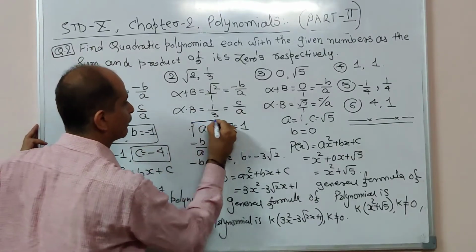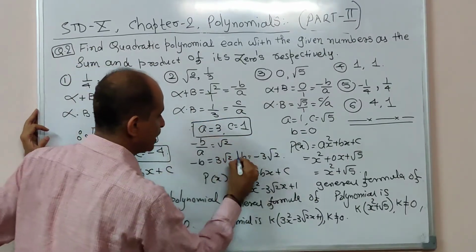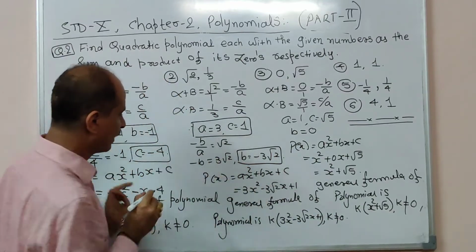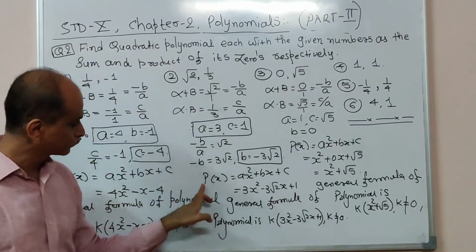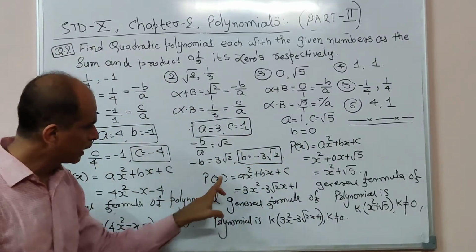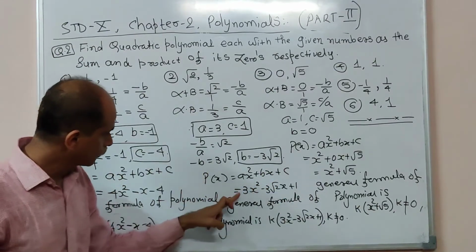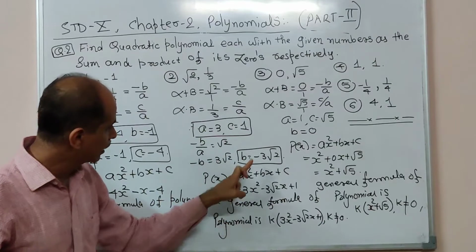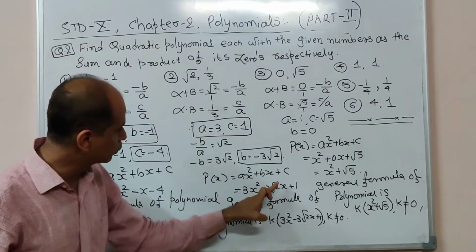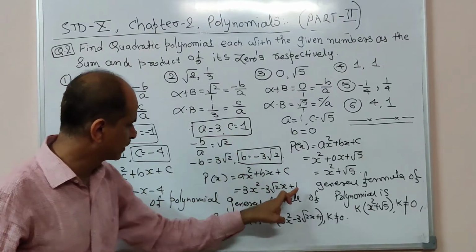So now you get the values of a, b and c. Now put the values in the general formula. So p(x) is equal to ax square plus bx plus c. So a means 3x square, b means minus 3 root 2 x, plus c means 1.